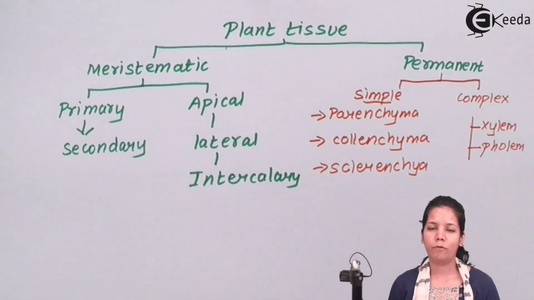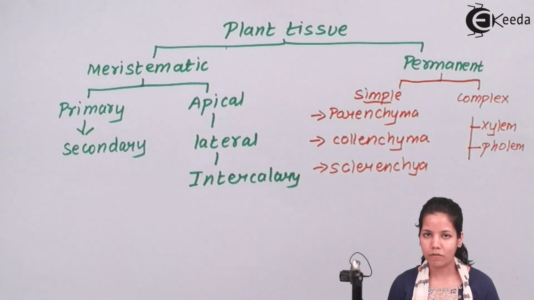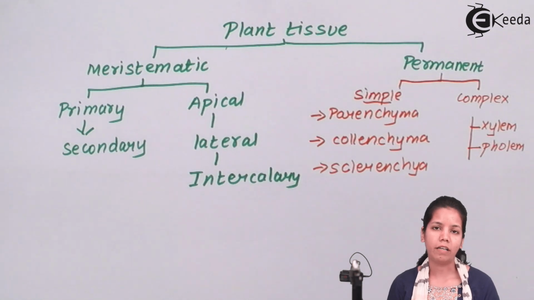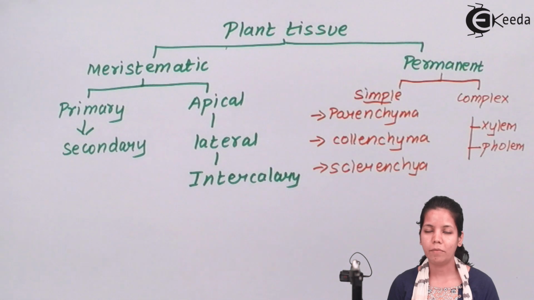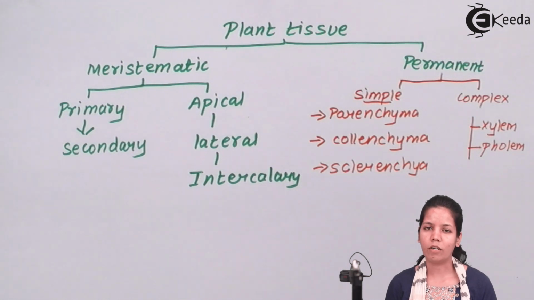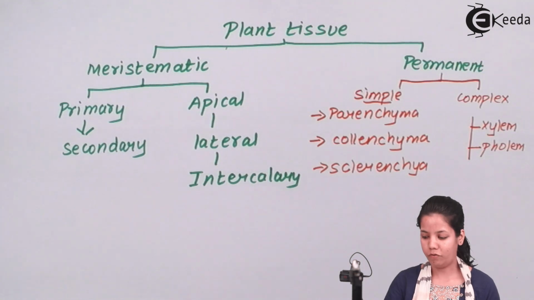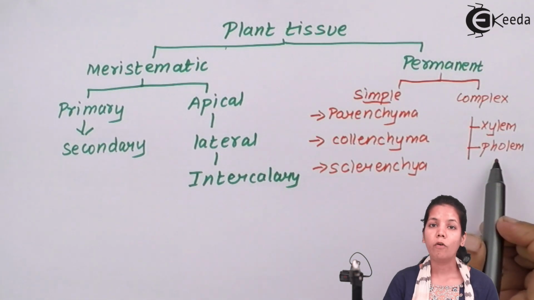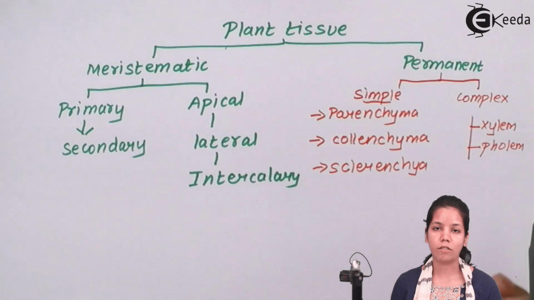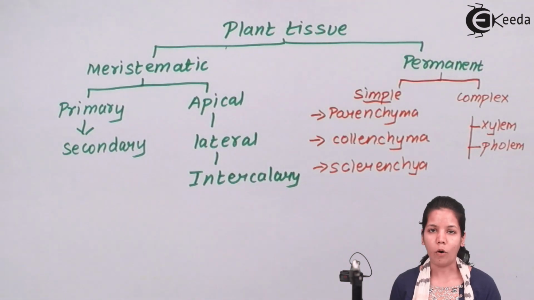Both xylem and phloem have different types of cells and carry out different kinds of function. For example, xylem carries water and minerals from the soil to different parts of a plant, whereas your phloem helps to carry photosynthetically prepared food, that is glucose, from the stromal region of a leaf to various plant parts.